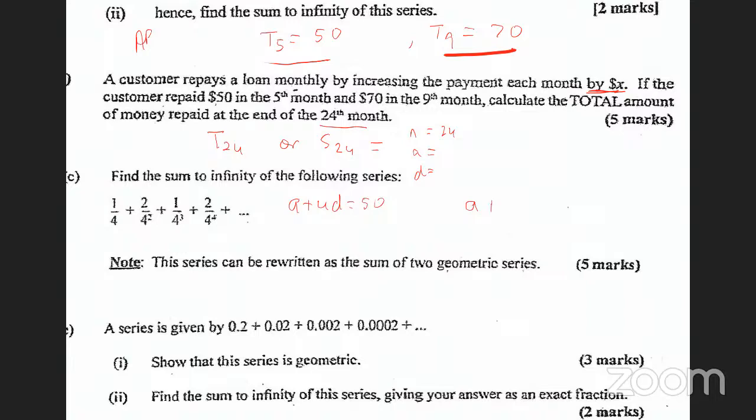A plus 8D is 70. Subtract, you will get minus 4D is minus 20. So I got D to be 5 and I got A to be 30.